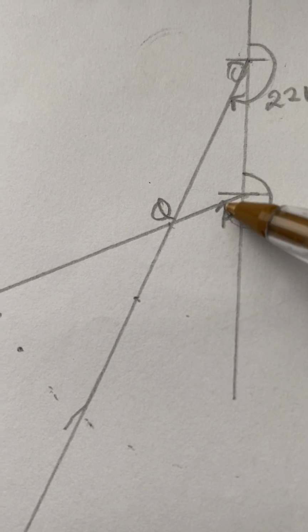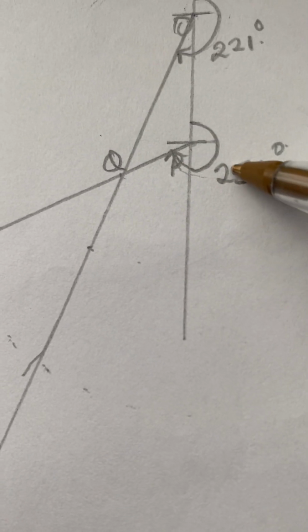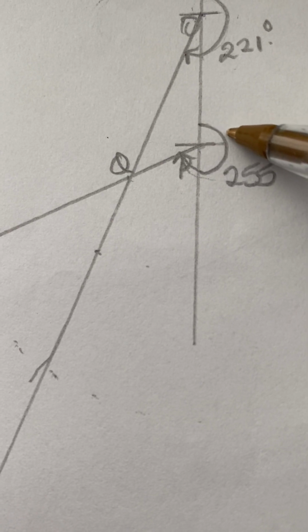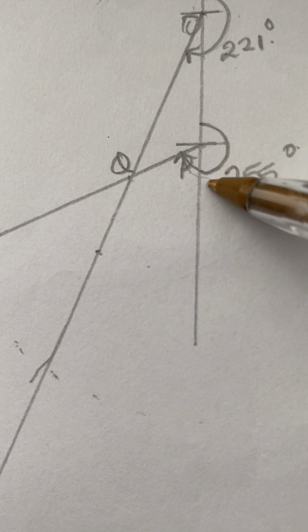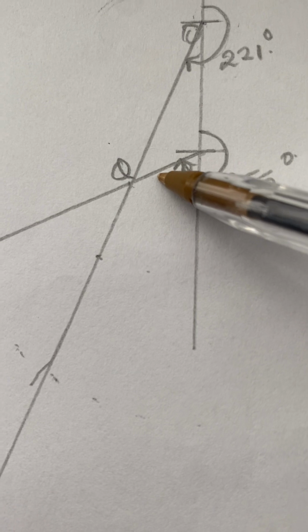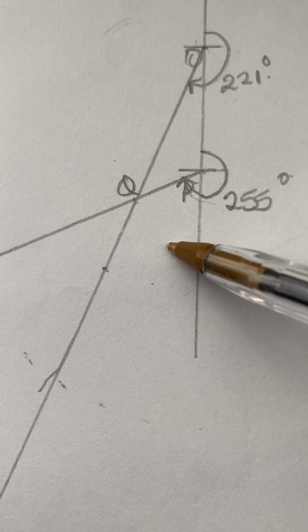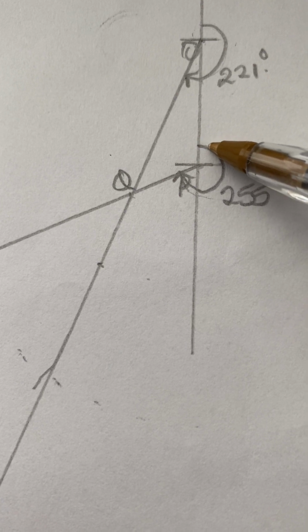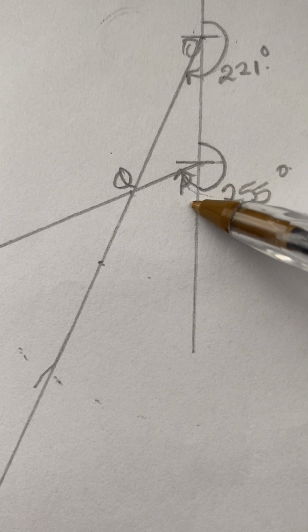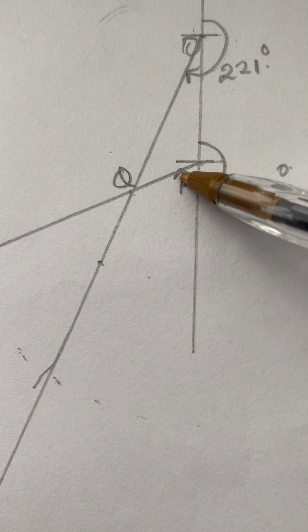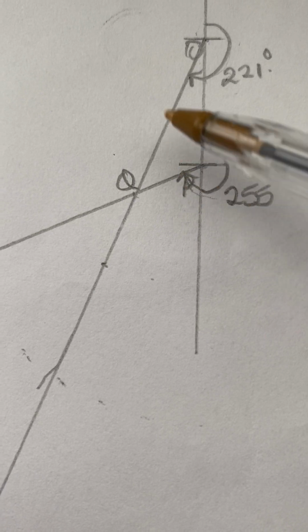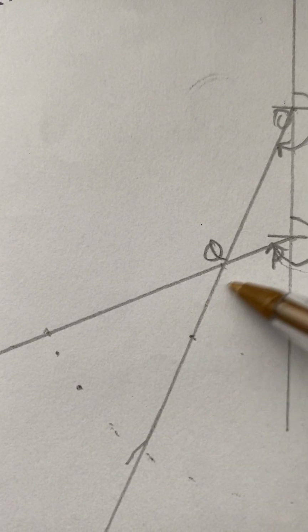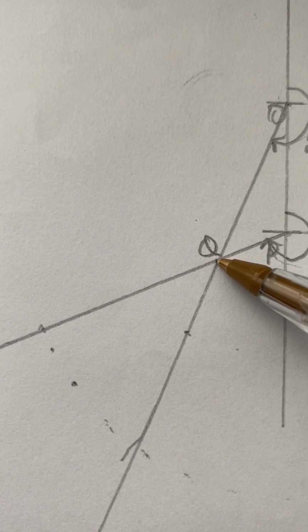That is 180 again, and I want 255. So I should add 75 to get my 255. All the time, I have to try to measure from the north all the way round. And where the lines intersect is where my Q is.